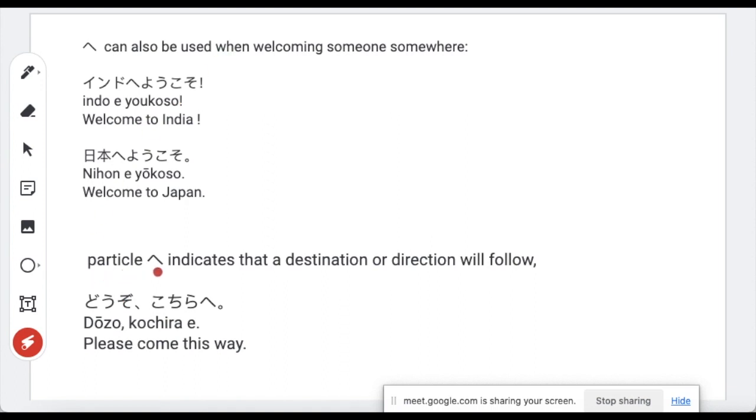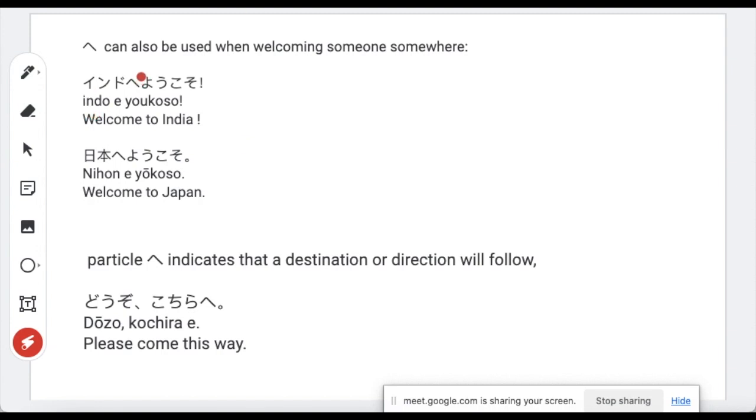Then we are again using e to ask someone to follow a particular direction. Like dozo kochira e, we are using e here. So this is the use of e, for pointing to the direction, for the particular destination. The purpose is different, and this is a fixed purpose.